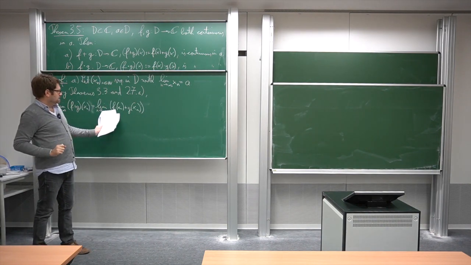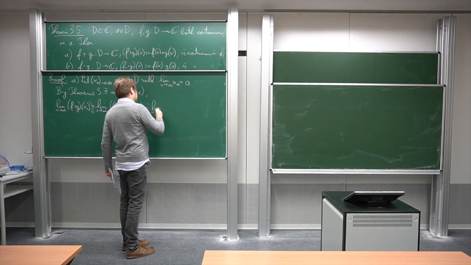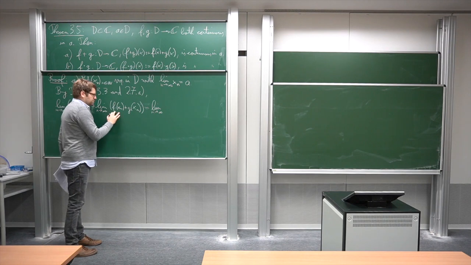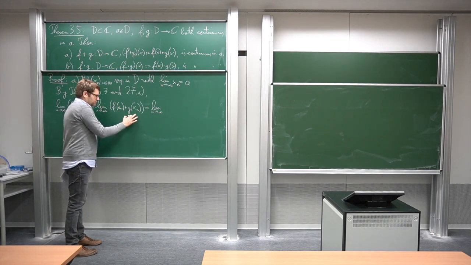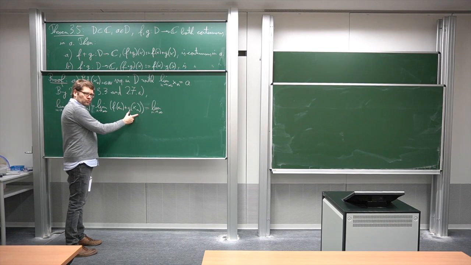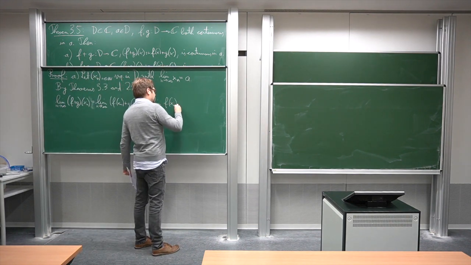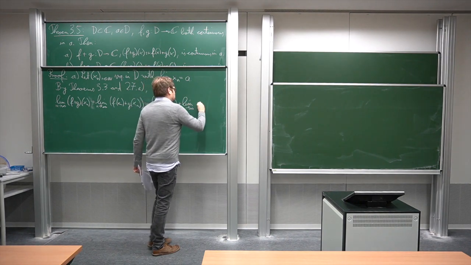So this is the same as the sum of the two limits. Since f and g are continuous, this converges and this converges. This is theorem 3.3. So these are convergent, so this is why we can apply theorem 2.7. This is the only important thing that we need to know. This is the same as the limit of f of xn plus the limit of g of xn.